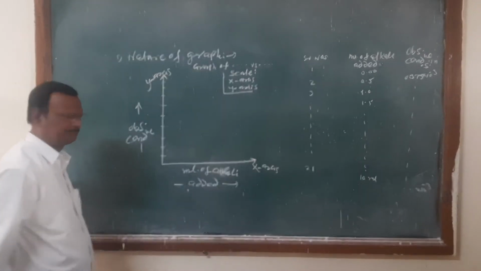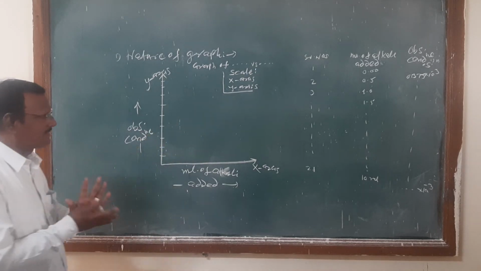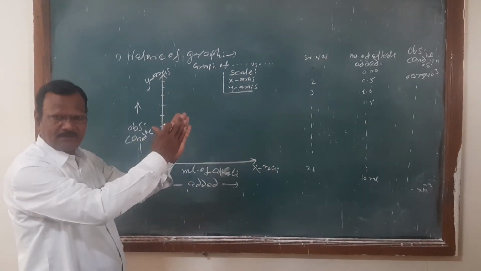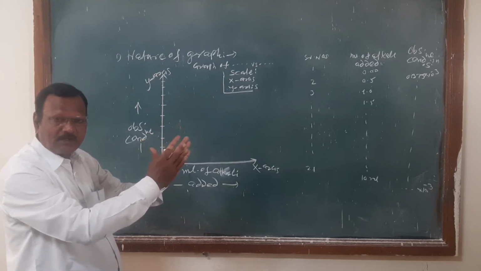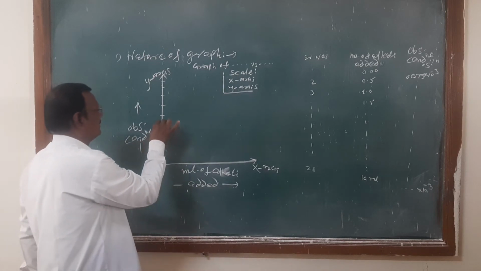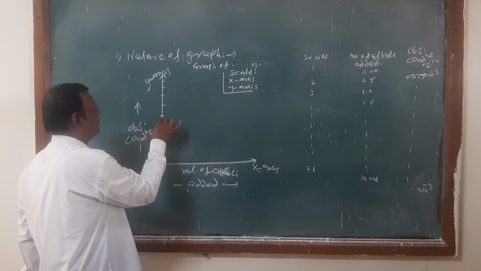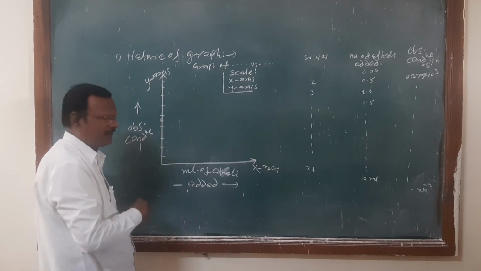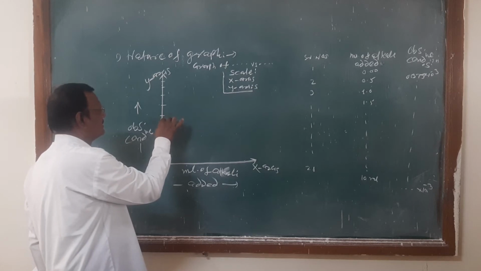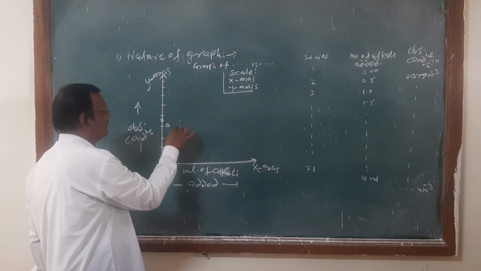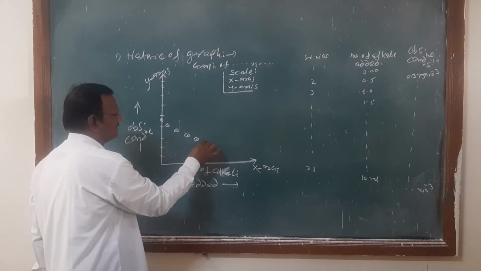Now about this particular term. At the start, we observe our observation table. Without addition of alkali, we come to this point. Then the graph decreases: the second point, third point, fourth point, sixth point, seventh point.